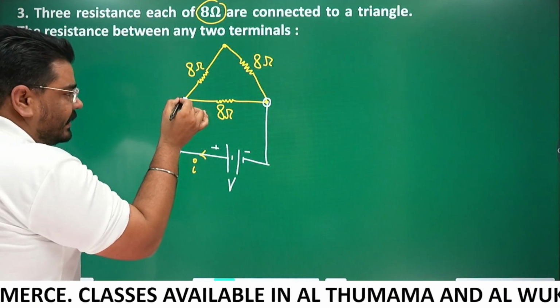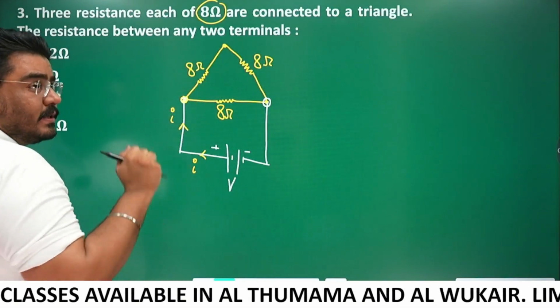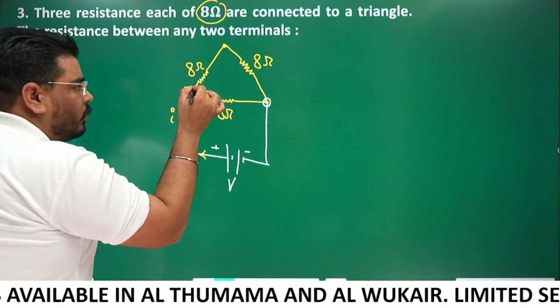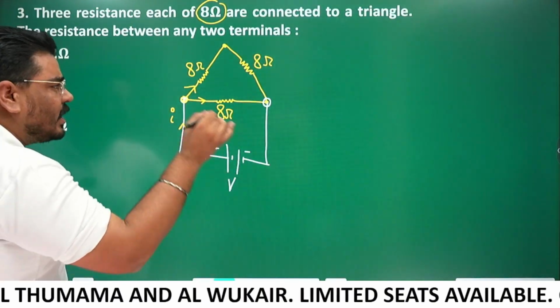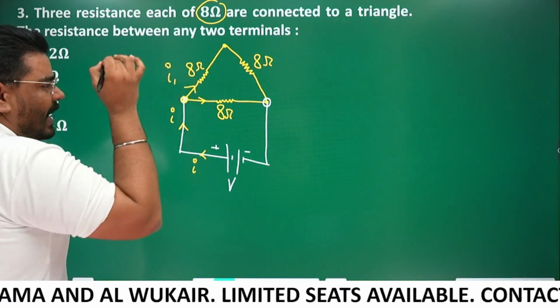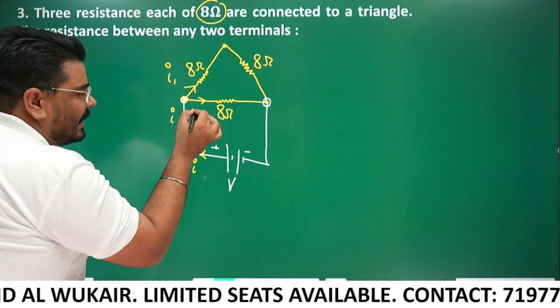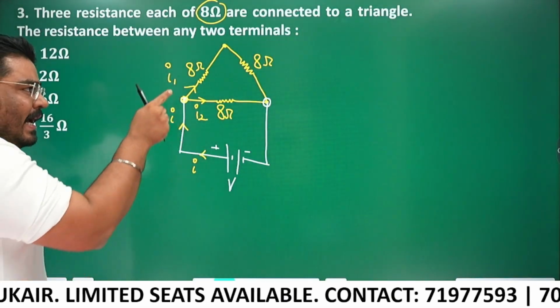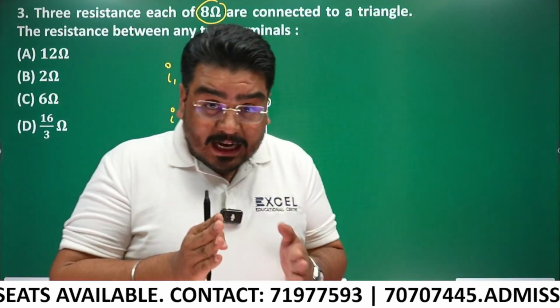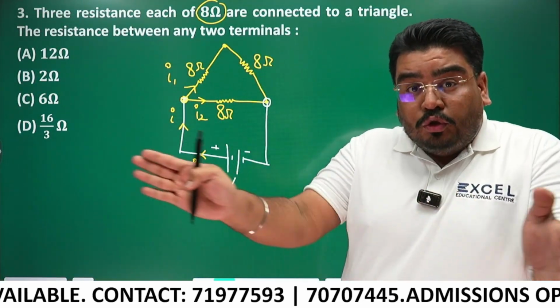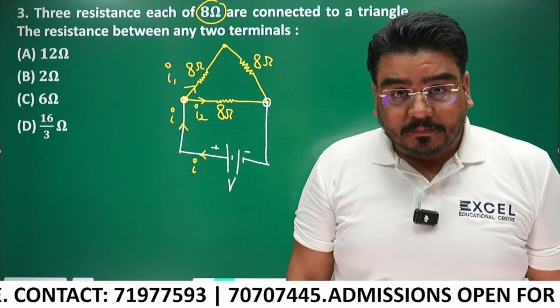And after reaching this point, it has two options. Let's say some current goes upward and some current goes in the second wire. Imagine the current in the upward wire is I1 and in the bottom wire it is I2. Obviously, I1 plus I2 must be equal to I, my friend. The current that comes further divides into two parts at a junction.